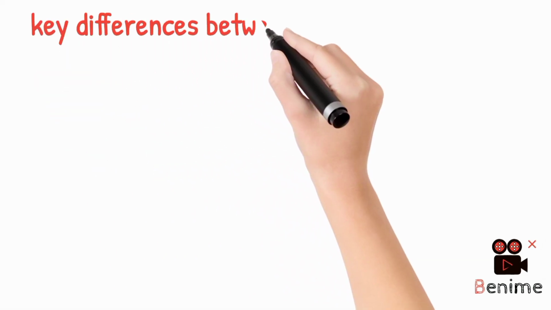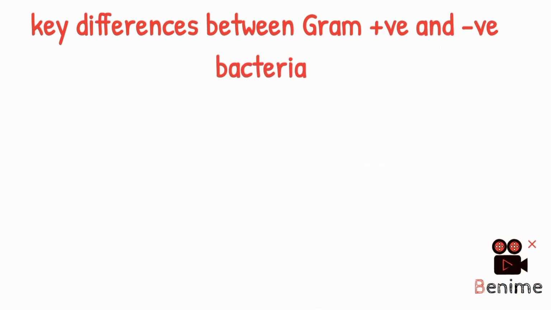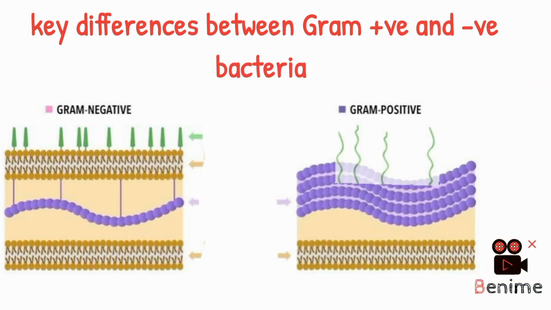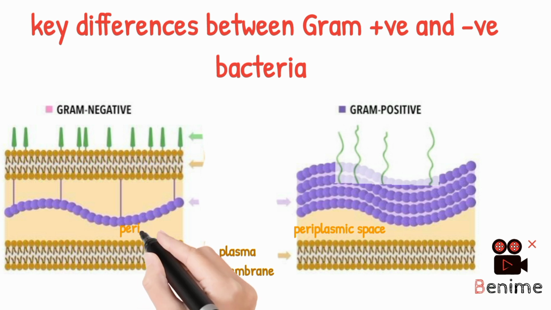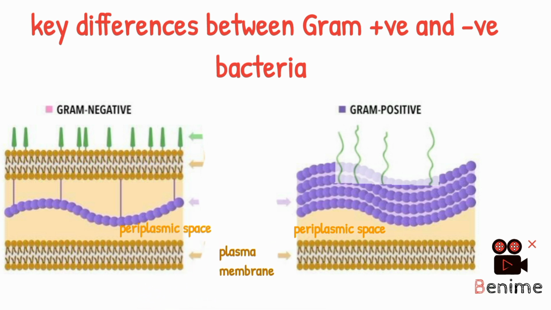Now we can discuss the key differences between gram positive and gram negative bacteria. Here you can see plasma membrane. This is similar in both gram positive and gram negative bacteria. Just above the plasma membrane we have periplasmic space, which is present in both.